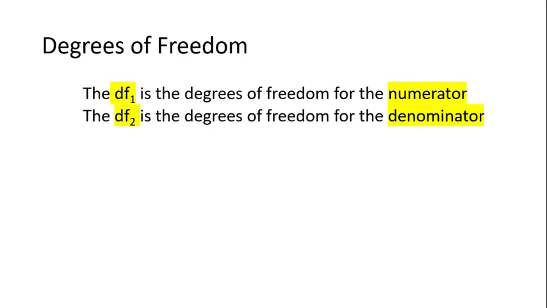Remember, our F-test is a simple ratio, and when we do a ratio, it's a division. So we have a numerator and a denominator, and we have a degree of freedom associated with the numerator, and we also have a degree of freedom associated with the denominator, because they are two different groups.